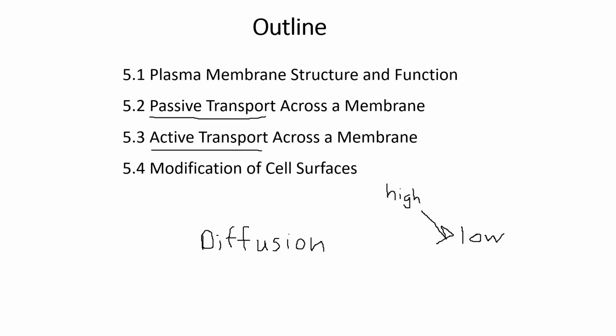Same thing with atoms. If you let atoms do their own thing, they will diffuse from high concentrations to low concentrations. So things will move from a place where there's a lot of them to a place where there's very few of them. It'd be like us moving from the city to the country. So that's passive transport. This typically does not require energy.